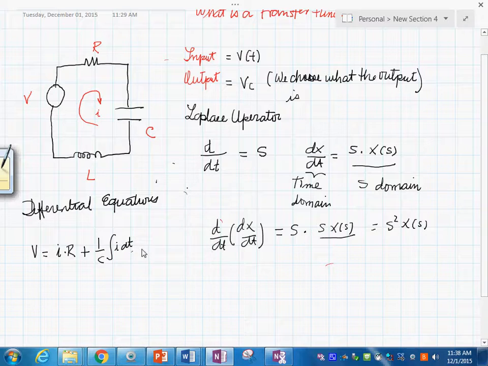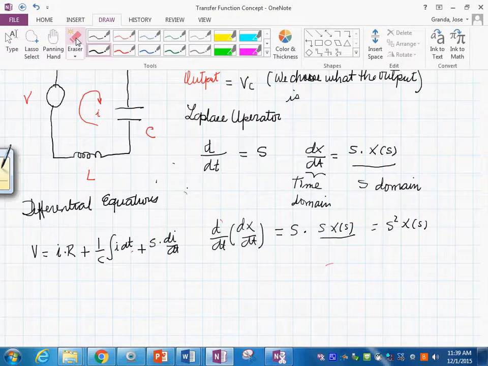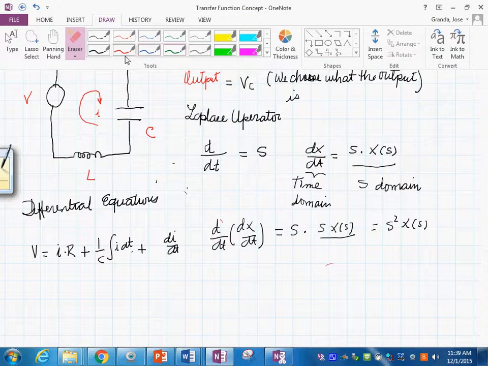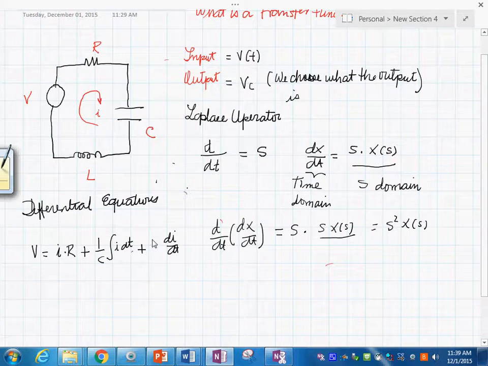And then you have plus L times di dt. So this is the voltage of the resistor, the voltage of the capacitor, and this is the voltage of the inductor.